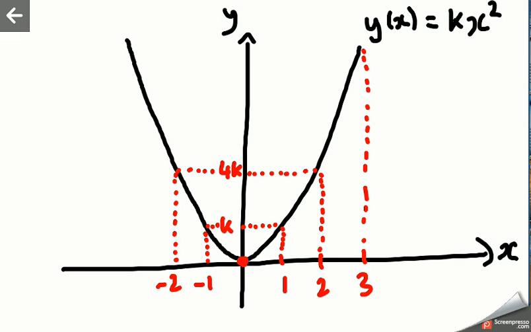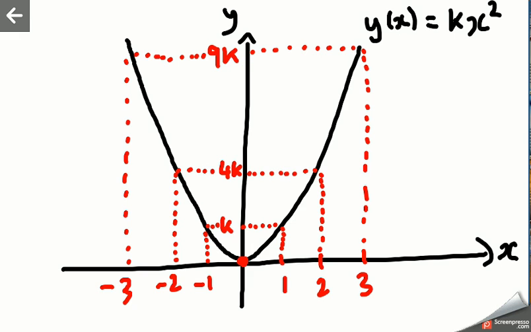When x equals 3, we get y of 3 equals k times 3 squared, which is equal to k times 9, so 9k. And similarly on the negative side, when x equals negative 3, because negative 3 squared is the same as positive 3 squared: negative 3 times negative 3 equals 3 times 3 equals 9. So that's where we're at so far.